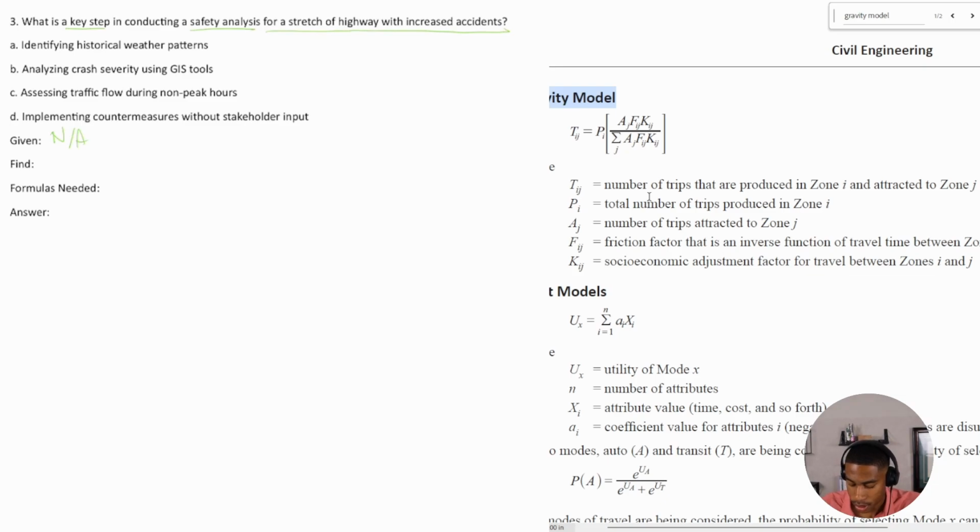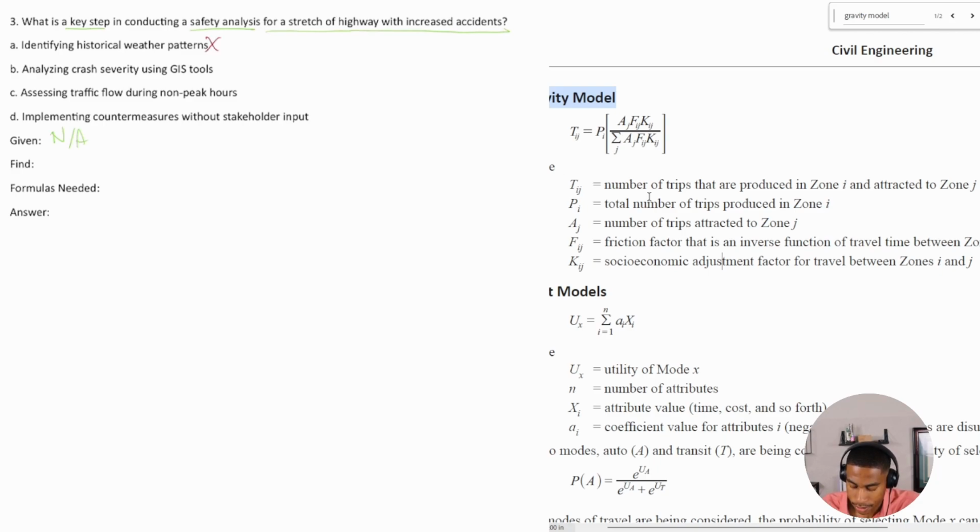So what would really help us in our search to get some more safety for an area that's really having issues with accidents? Historical weather patterns isn't necessarily going to analyze why there's an increased amount of accidents in a specific stretch of highway. So I would say no.